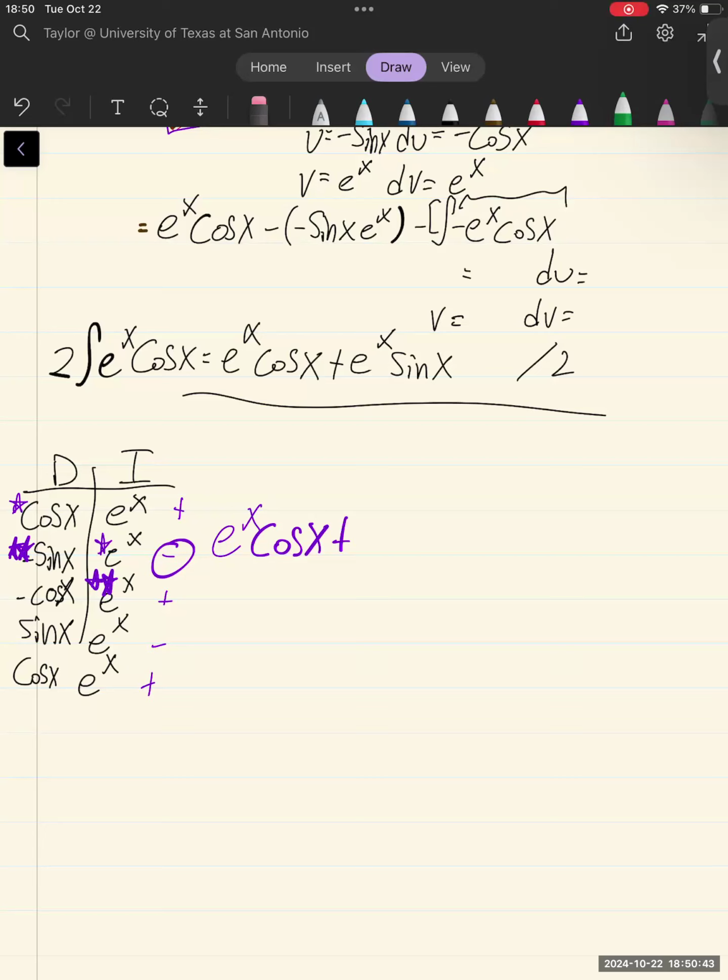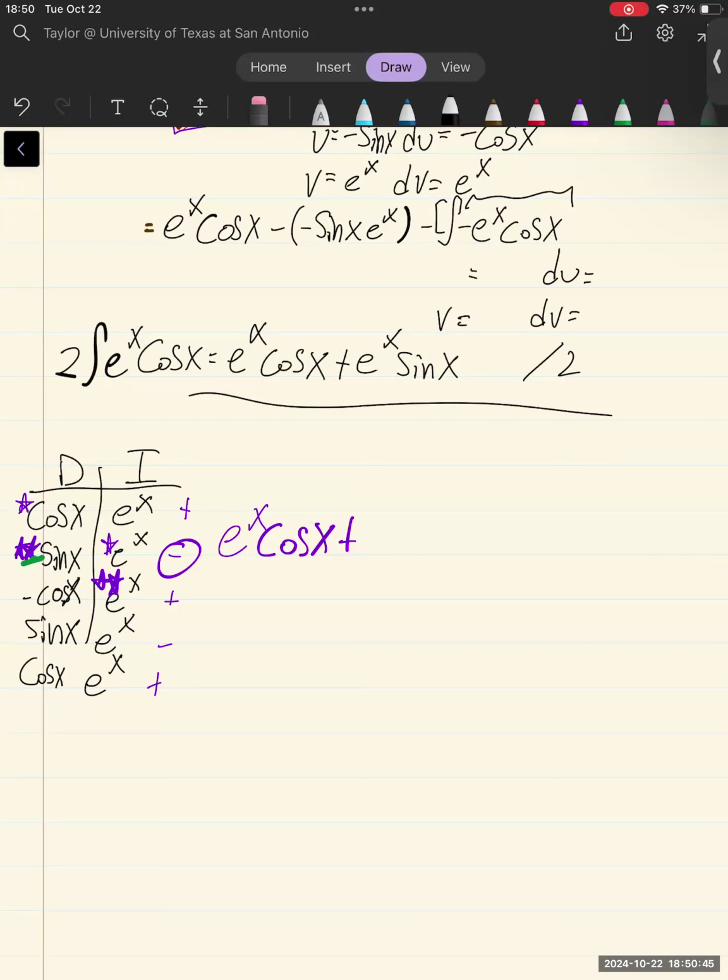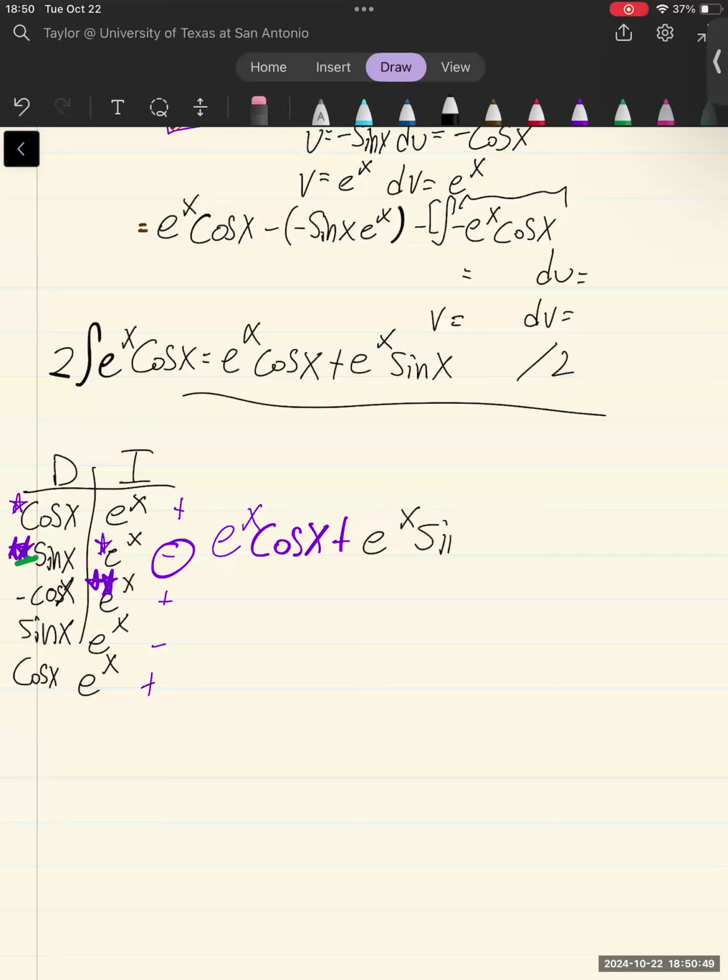There's a negative, I'll put it in green. e to the x sine x. Oops, change colors, sorry. And then we have this expression here times this expression here. And then we are 1, 2, 3, so it's plus e to the x cosine x. And then I can stop there. So then I have a plus c.